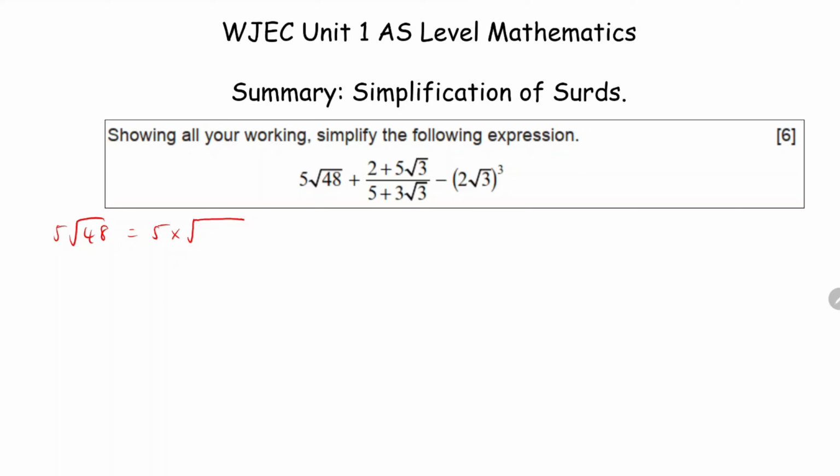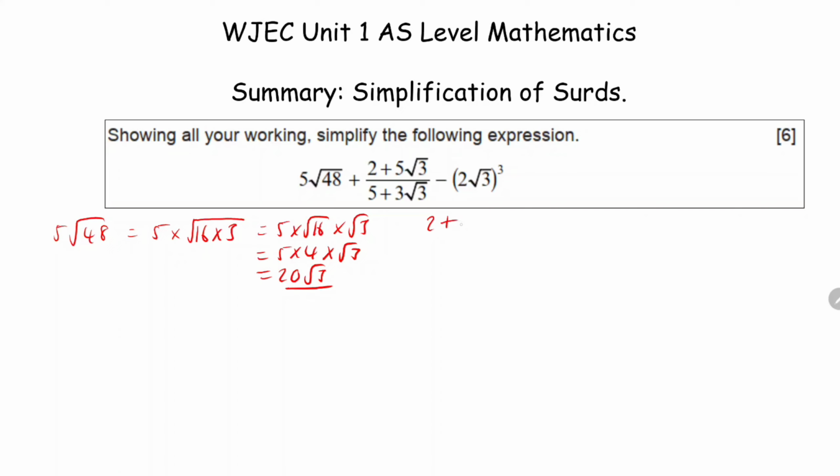Now 4 goes into 48, but if 4 goes in, it might be worth considering if 16 does. 16 goes into 48 3 times, so we have 16 times 3, which gives you 5 times root 16 times root 3, which gives 5 times 4 times root 3, which gives you 20 root 3 for your first term.